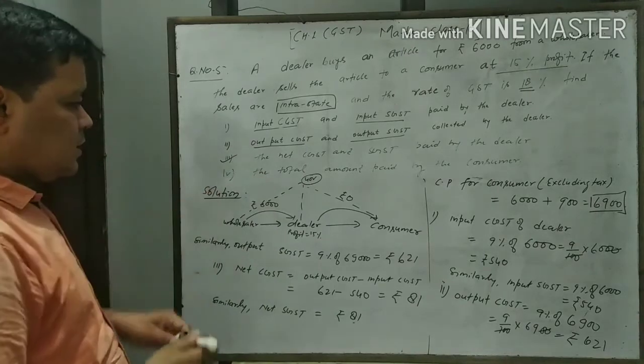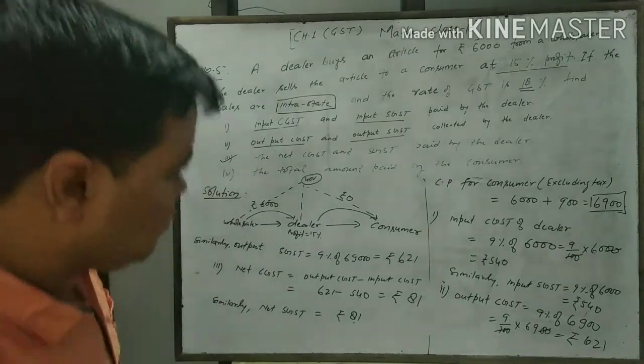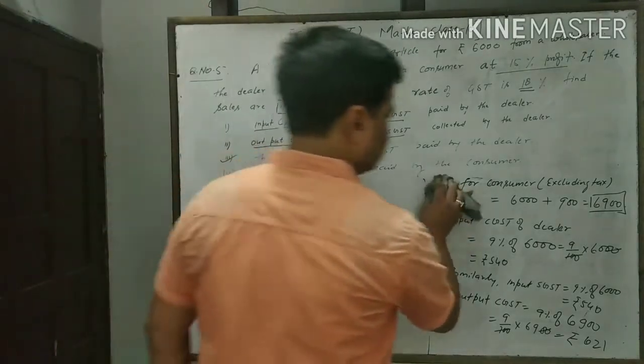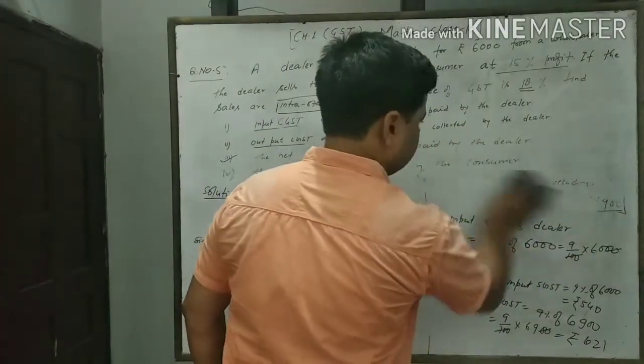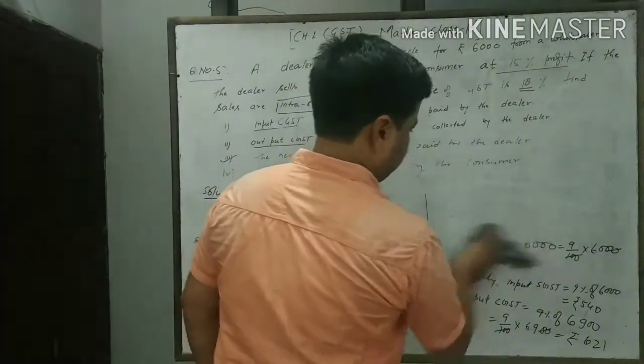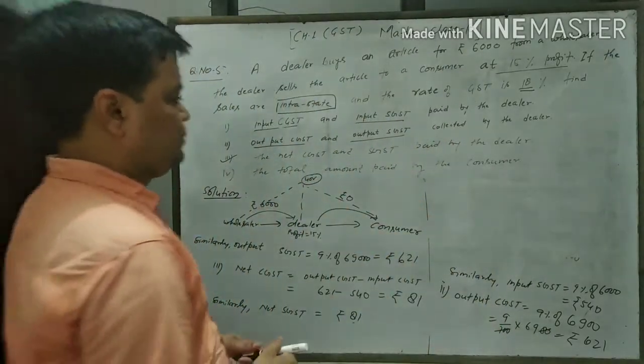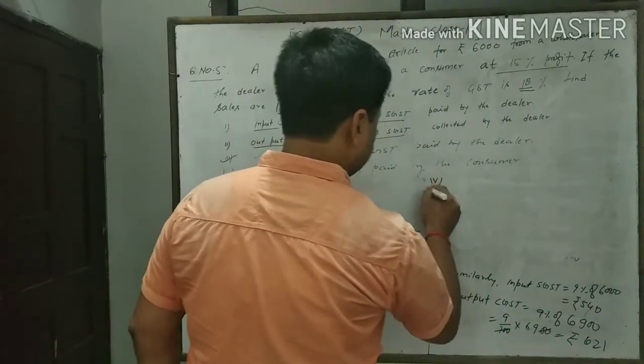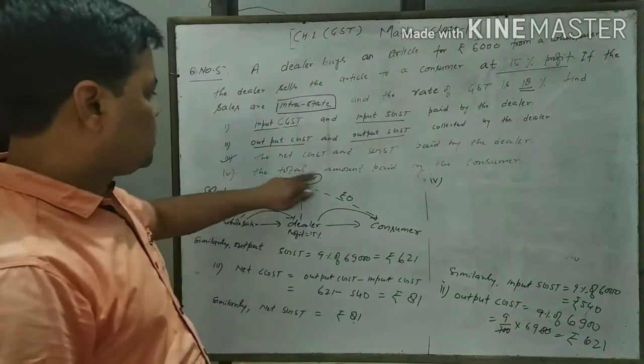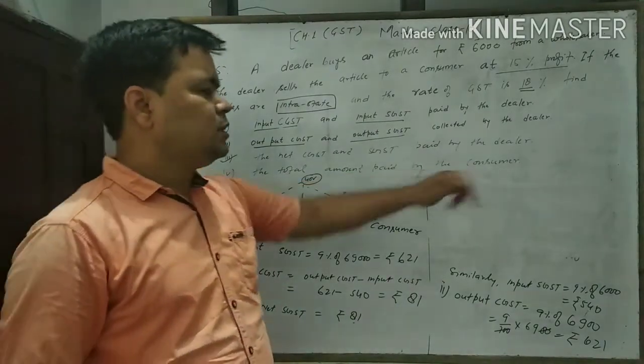Now the fourth part of the question we will discuss. This is the fourth part of the question, which is the total amount paid by the consumer.